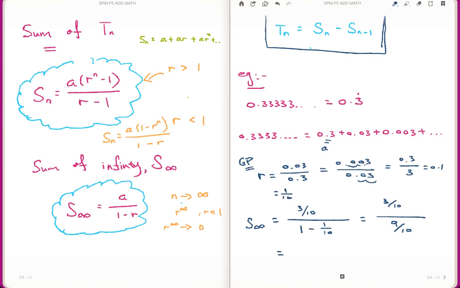Switch it around, it's 3 over 10 times 10 over 9. The 10s cancel, and 3 over 9 is 1 over 3, the simplest form. So this is how you will use it. For sum to infinity in a GP, geometric progression, it's quite simple and straightforward.